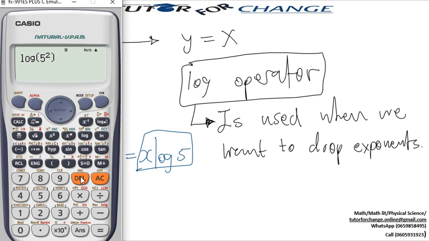So when the exponent is brought down like this, our answer is 1.39. So that is one thing to see. This log is responsible for dropping an exponent.